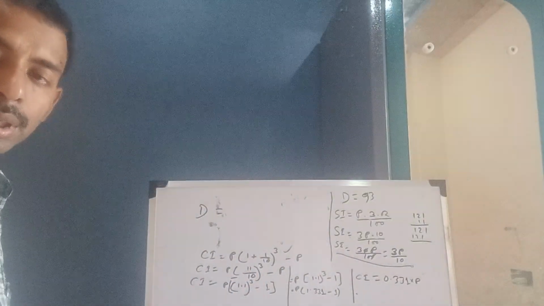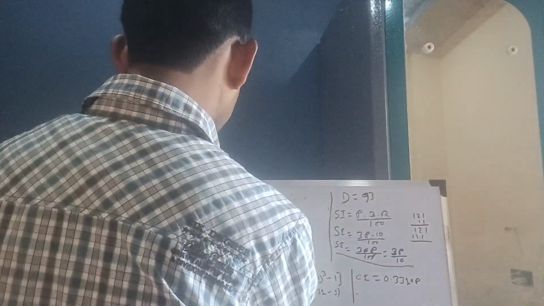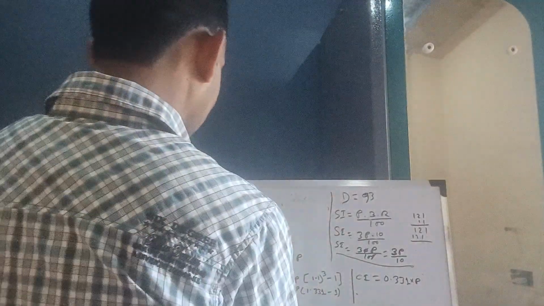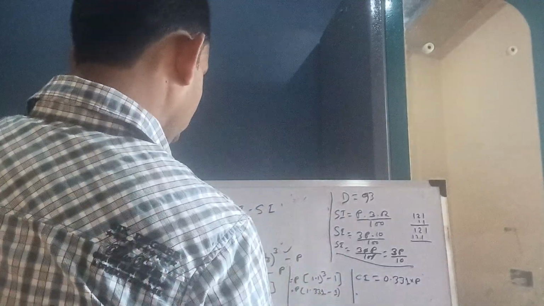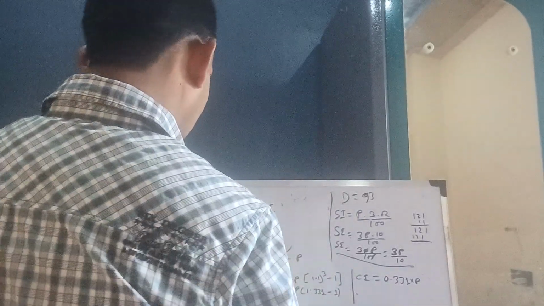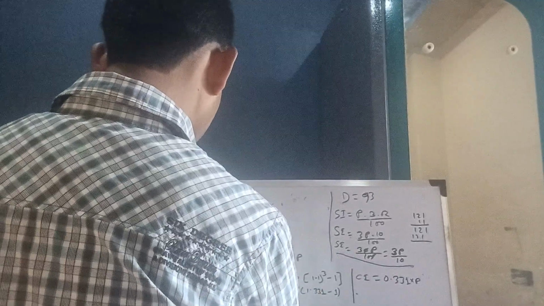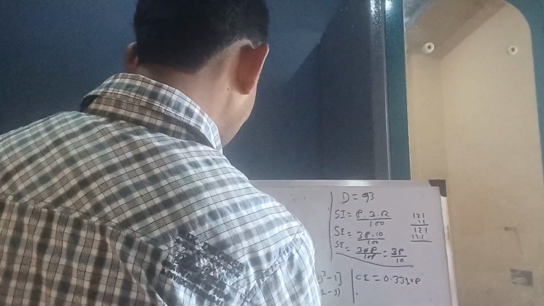So compound interest is larger. So we define our difference as CI minus SI, and D equals the difference, 93. So 93 equals CI minus SI.